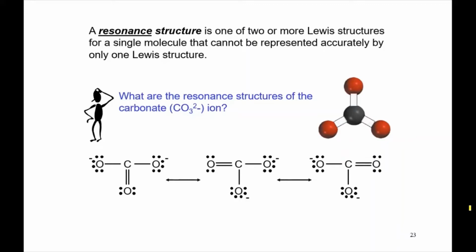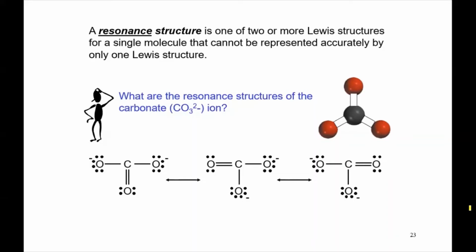So you can see the picture that I had there on the top with the actual ball and stick model of the carbonate ion. You can see that it's got a triangle shape. And right now, the way it's drawn is the double bond is between the top oxygen and the carbon. But technically, every one of those oxygens has the same chance. And so it might be more accurate to simply draw it this way.